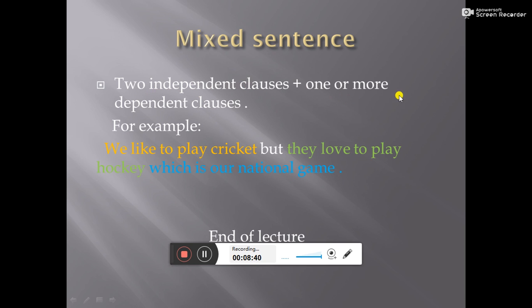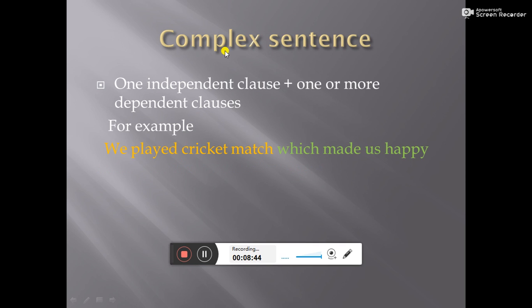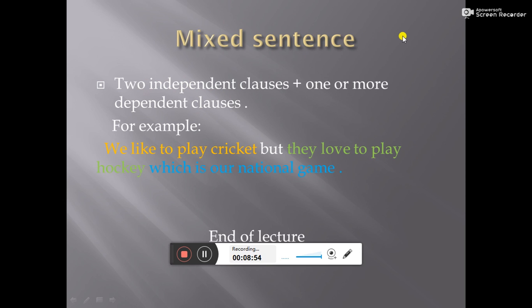You can exceed the limit of one or more dependent clauses, whereas in a complex sentence you can never go from one independent clause to two or more, right? So this was all about complex sentences and mixed sentences.